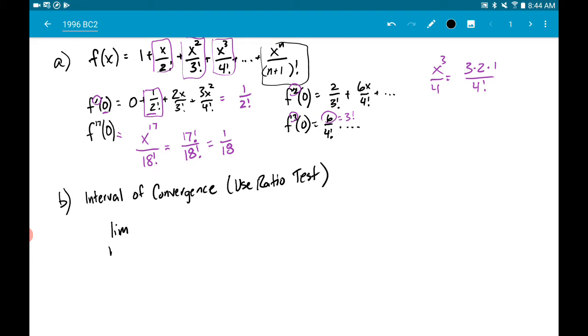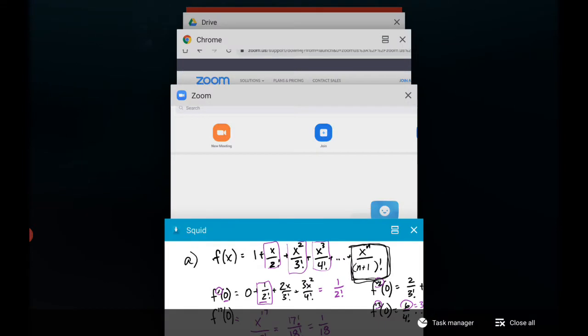And the ratio test says if we take the limit as n approaches infinity of consecutive terms, and it's less than 1, it converges. If it's greater than 1, it diverges. And so one of the things that used to show up on the national exam is, once you have this nth term or they ask you for the general term, you're going to apply the ratio test to that nth term.